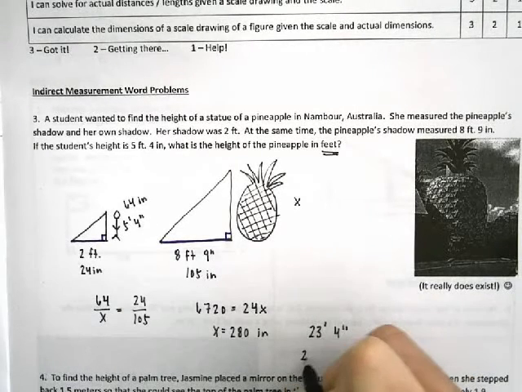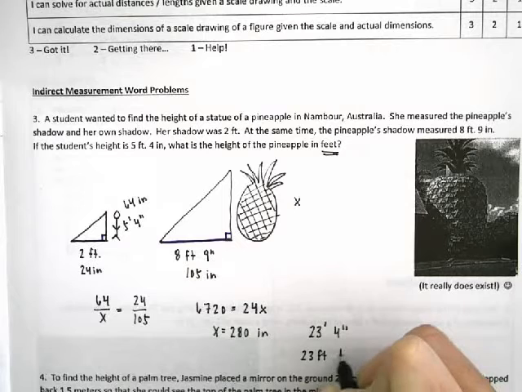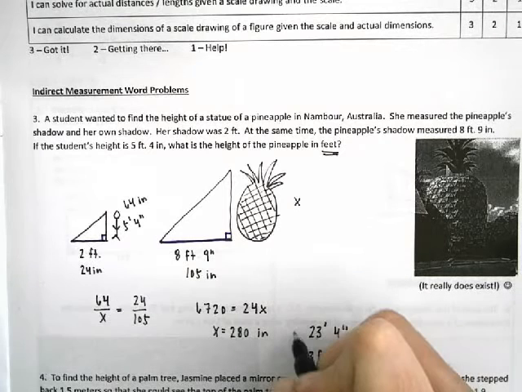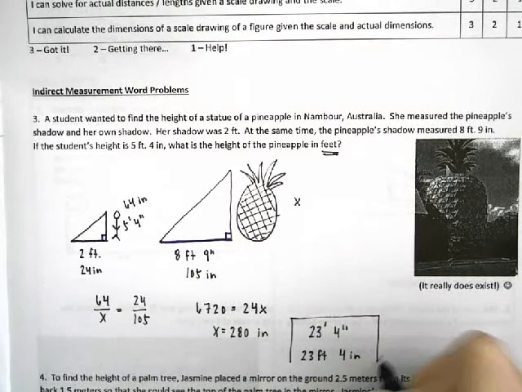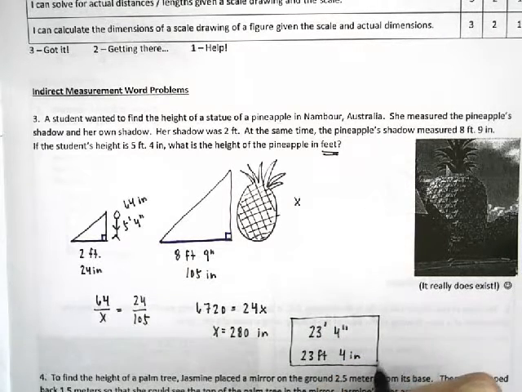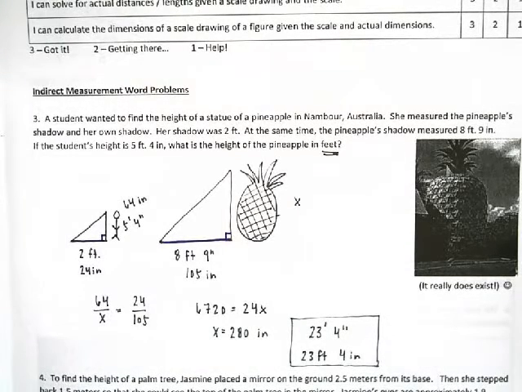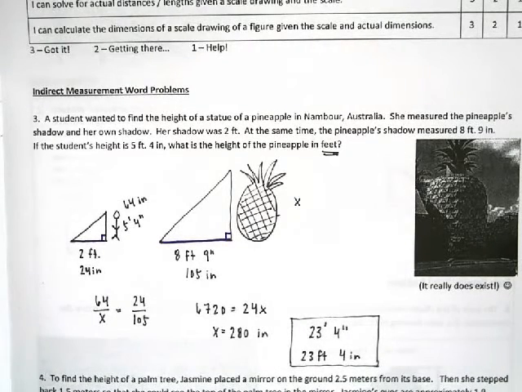So I can use this notation, or I can say 23 feet and 4 inches. Both mean the same thing. Really the only new piece is working with those unit conversions, but mostly it's being able to draw the picture so that you can set up those right triangle relationships.